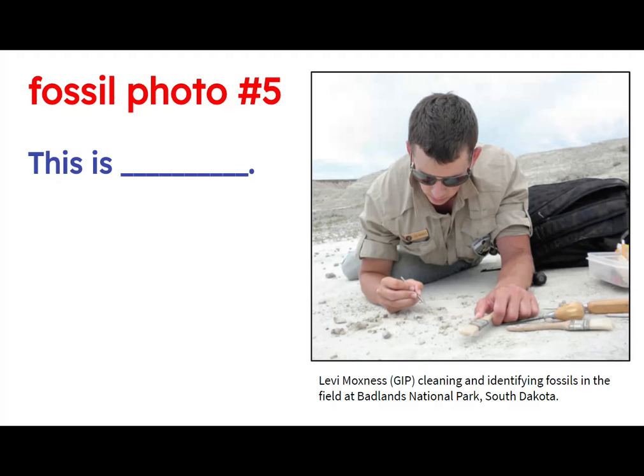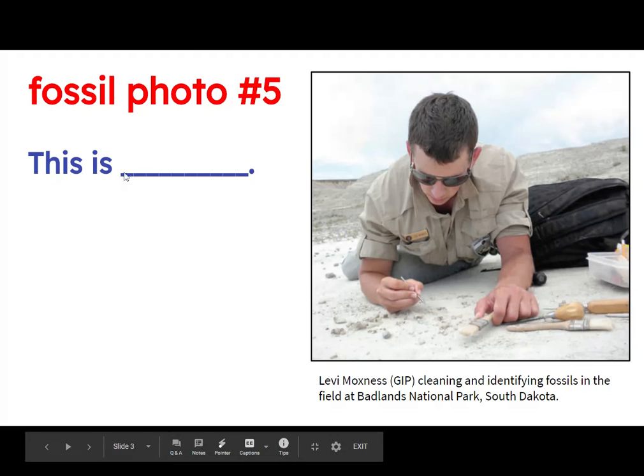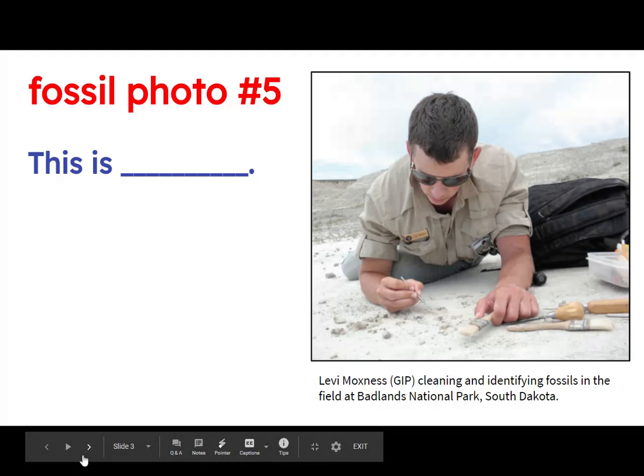This is a photograph of Levi Moxness, and he is cleaning and identifying fossils in the field at Badlands National Park in South Dakota. So let's fill in our information. This is Levi Moxness, and what is he doing? He's cleaning and identifying fossils in the field at Badlands National Park in South Dakota.